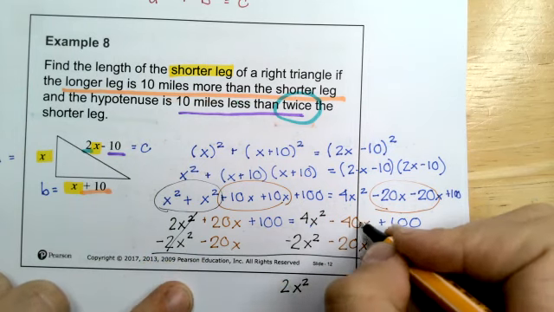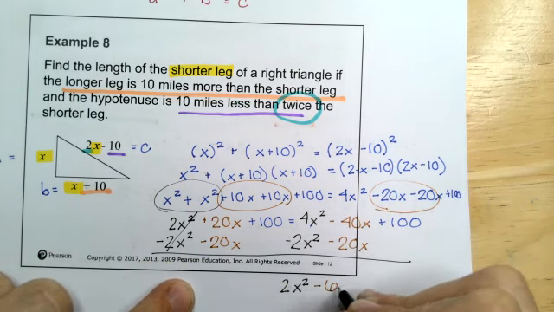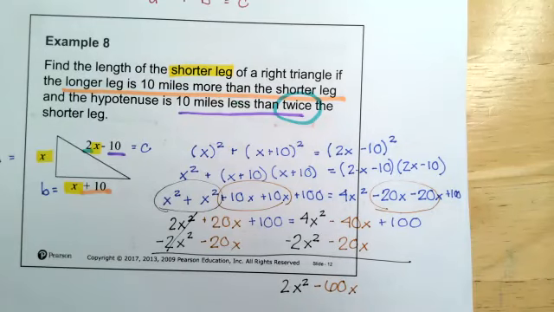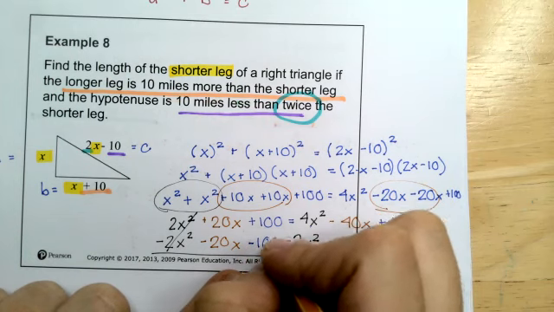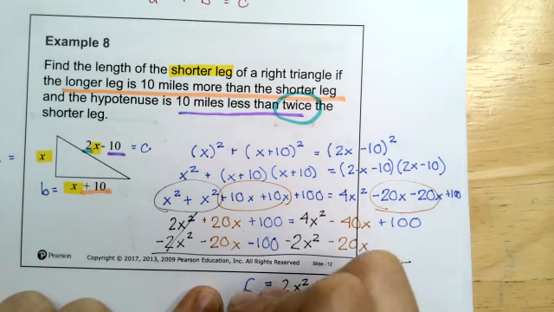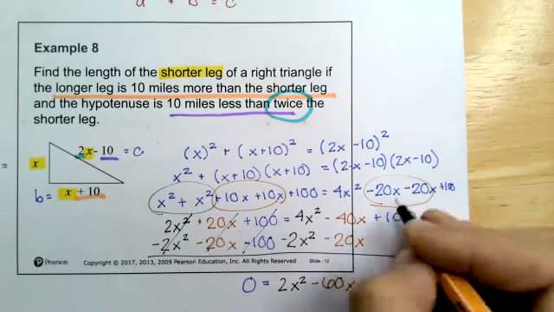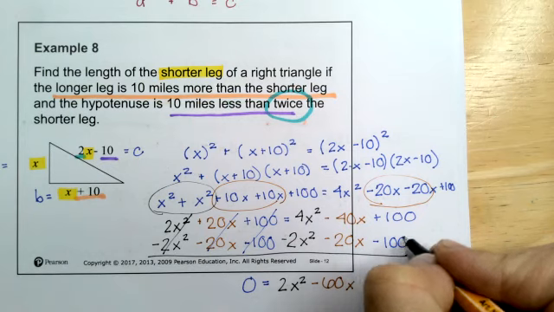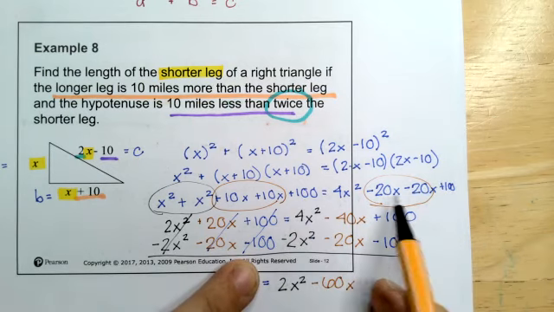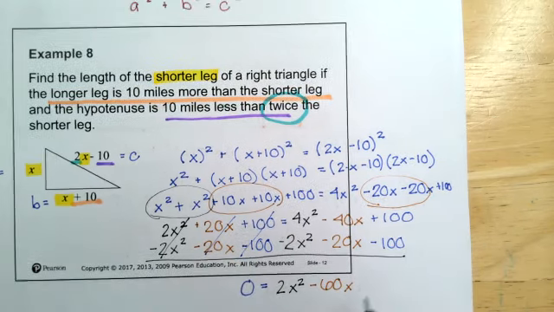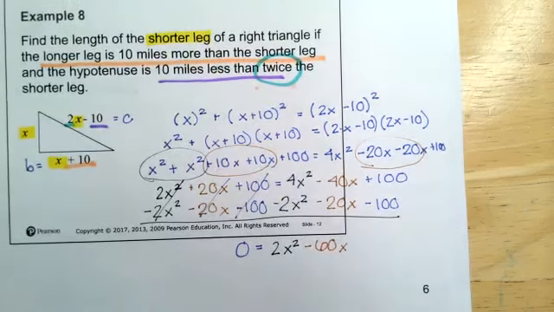That's actually going to get bigger because negative 40 minus 20 is negative 60x. And then positive 100. I now have to subtract 100 because I'm trying to get this equal to 0. So I cancel that, cancel that. This was 100, this was 100. They cancel. So I have 0 equals 2x squared minus 60x. Don't worry, we're closer than we look. That was a lot of work.